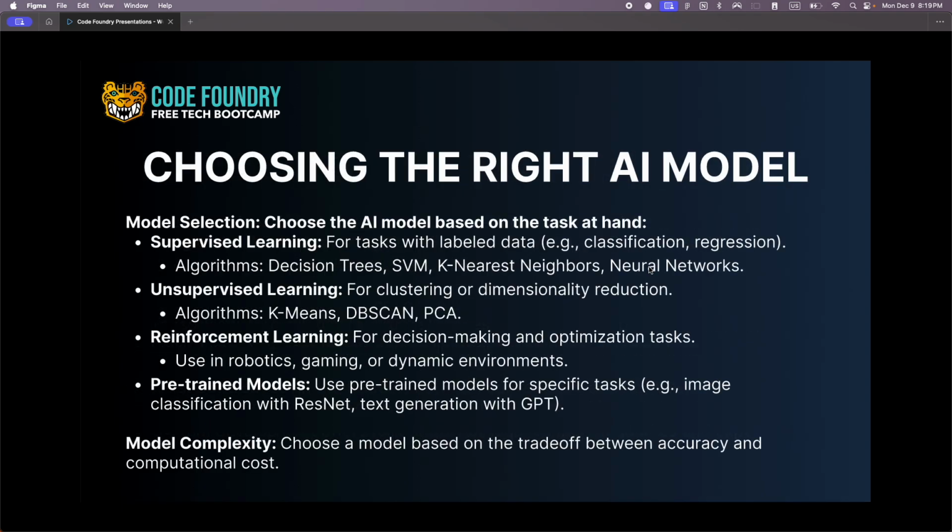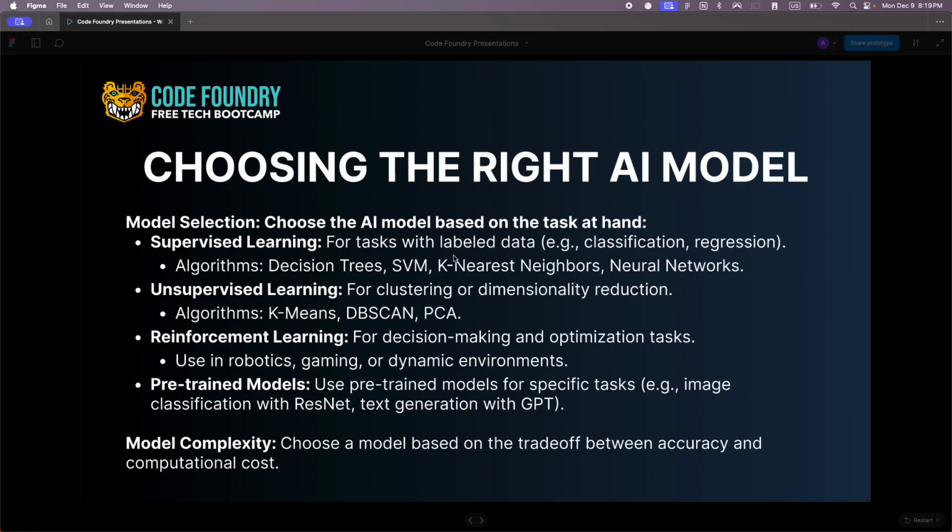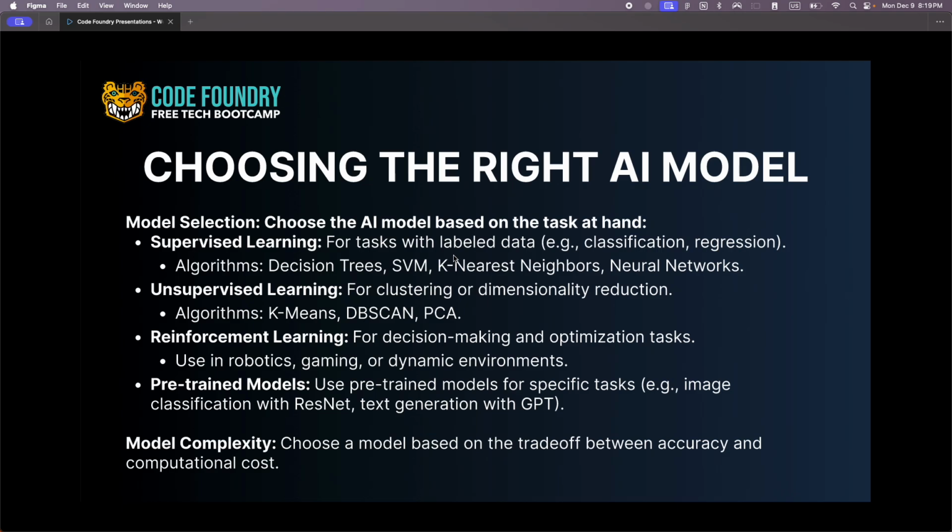Next, after we've chosen our service, we're going to choose our model. Model selection has to do with what kind of data you're looking at. If you're looking at labeled data, such as, say you want to take a bunch of questions and answers, and you want to say these were the right answers and these were the wrong answers, you can give it data that's been labeled with this answer was right versus this answer was wrong, and then it'll be able to predict whether or not an answer was right or wrong in the future.